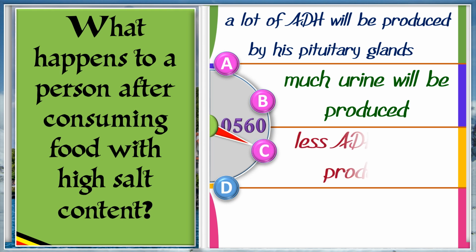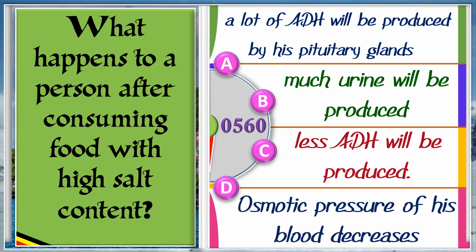C. Less antidiuretic hormone, ADH, will be produced. D. Osmotic pressure of his blood decreases. And the answer is A. A lot of antidiuretic hormone, ADH, will be produced by his pituitary glands.